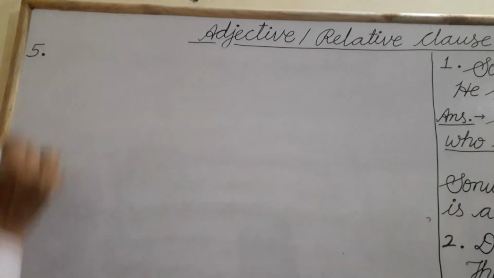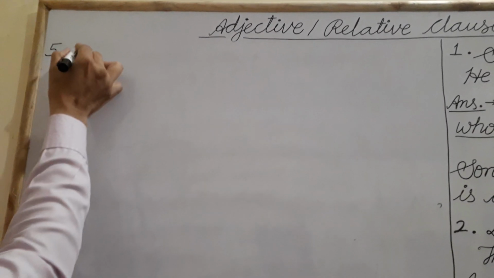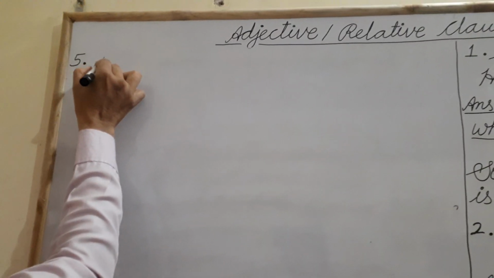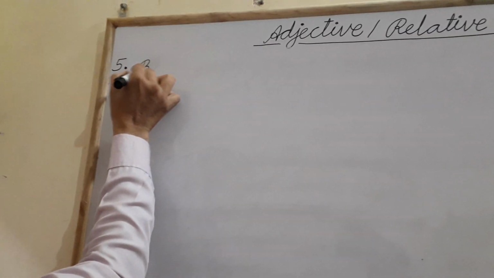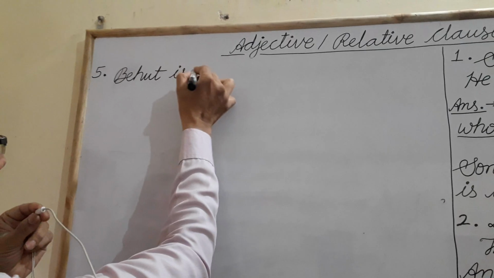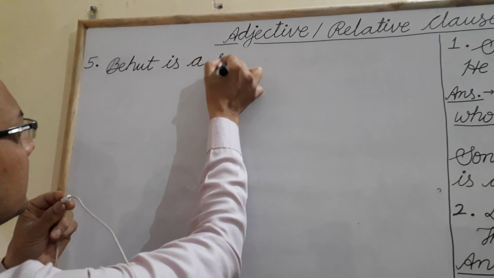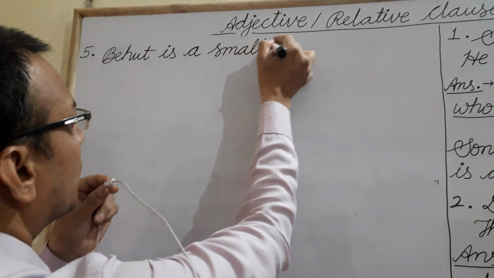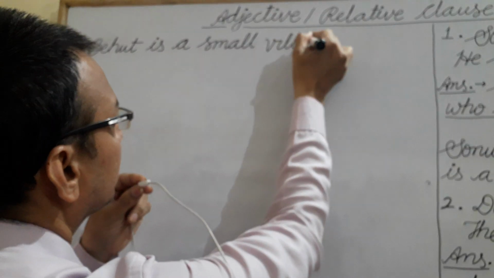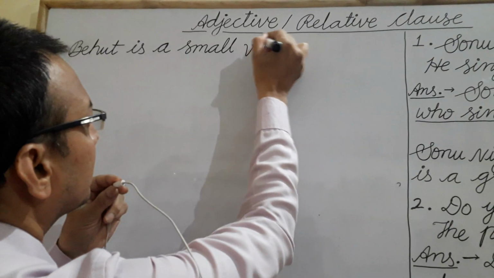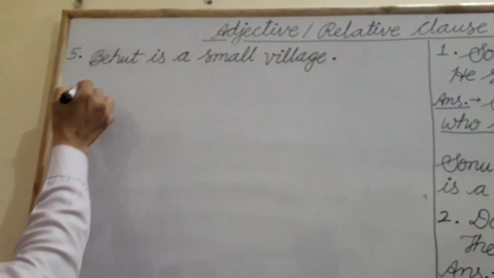Here I am writing down example number 5. Behat is a small village.